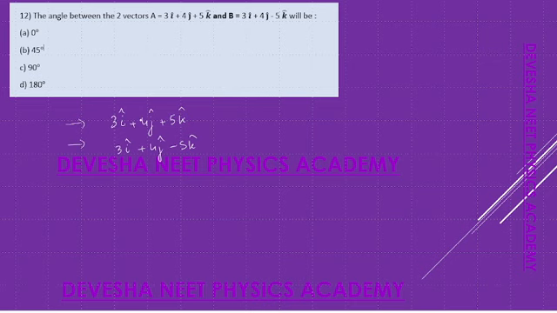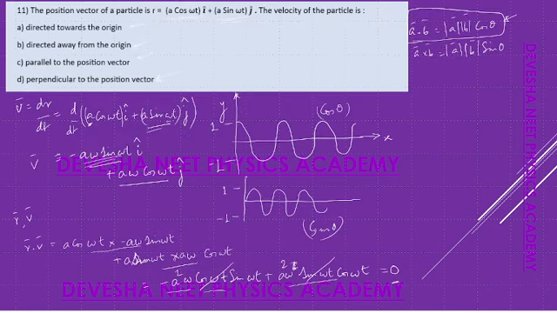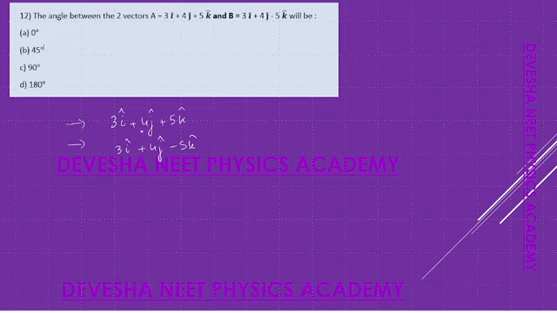As we did in one of the previous problems, the easiest thing is to find the dot product of these. In the previous one we saw that if the dot product is 0, it means cos theta is 0 and theta is 90 degrees. So here we'll do the same thing. We'll find the dot product, which means this into this.